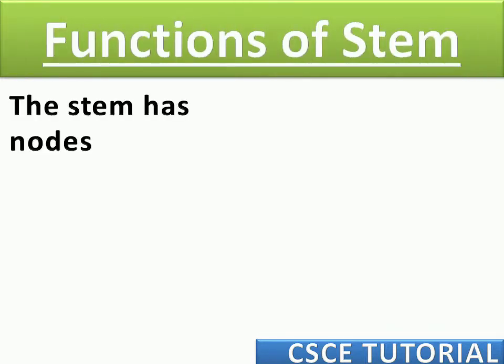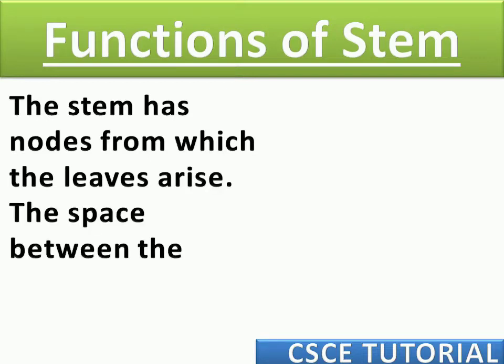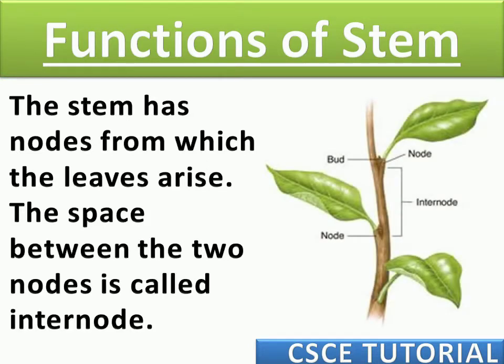The stem has nodes from which the leaves arise. The space between the two nodes is called internode.